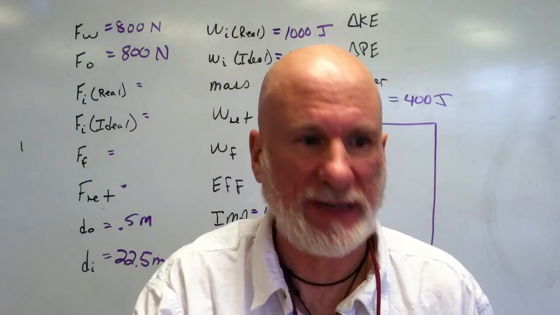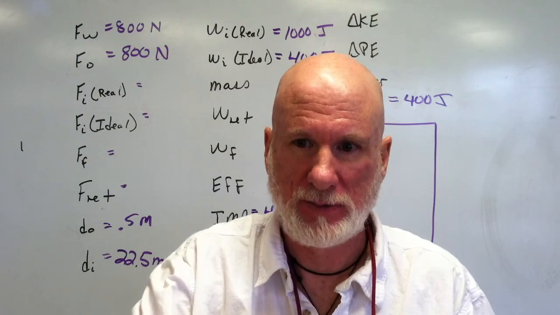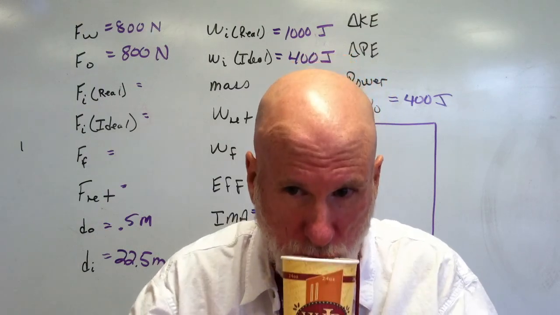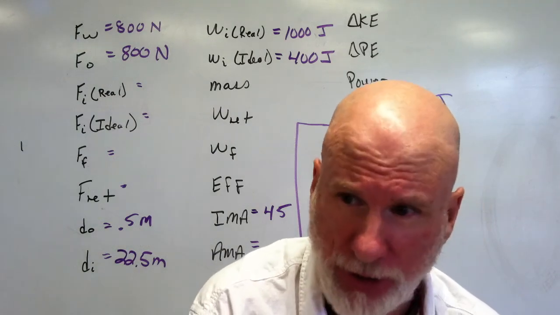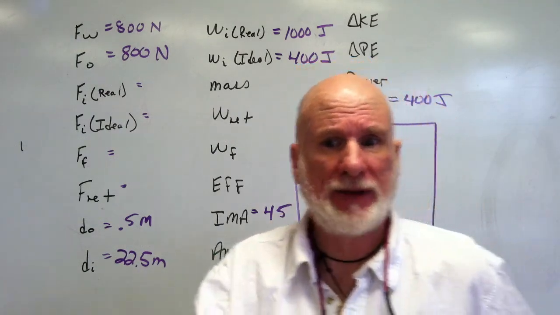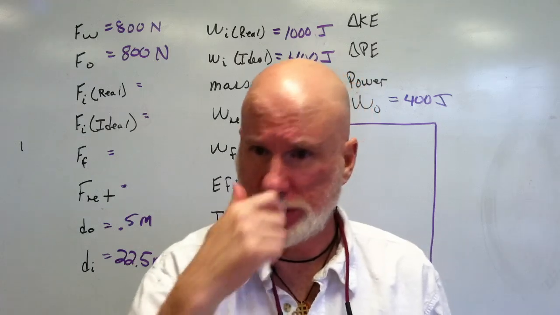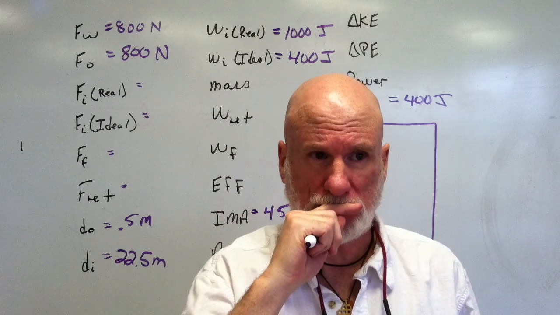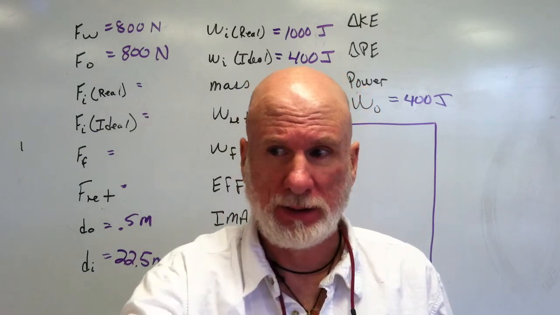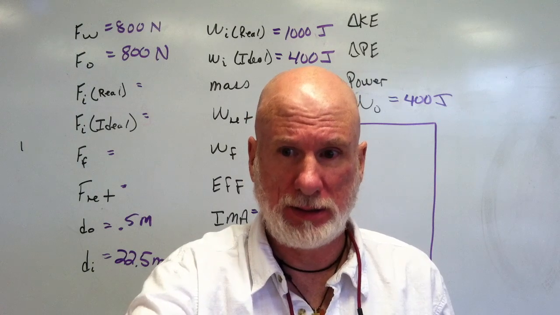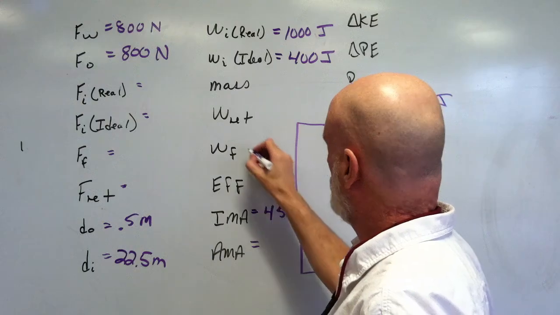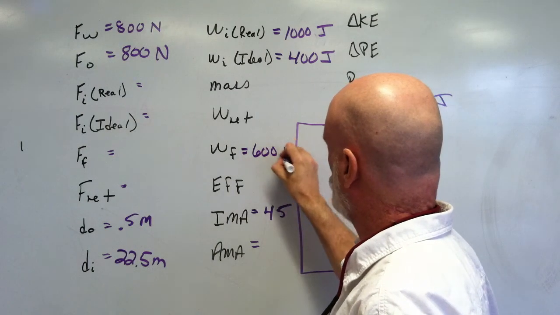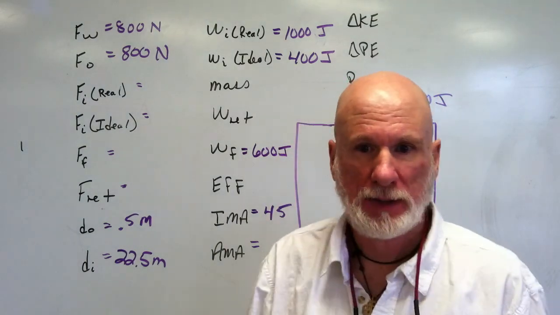WF, good. If you put in 1,000 joules and you only need 400, that's 600 left. So this would be 600 joules. What else can we do?